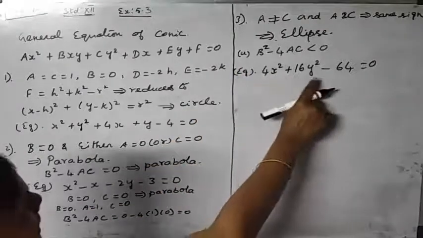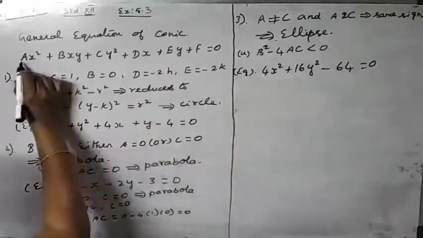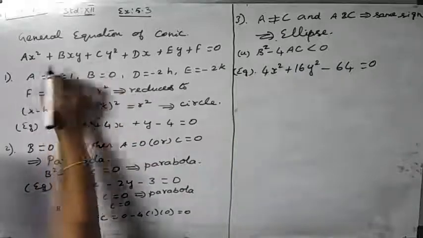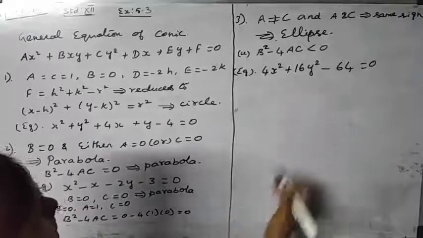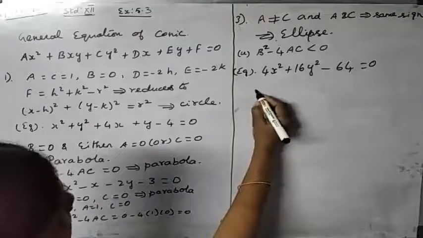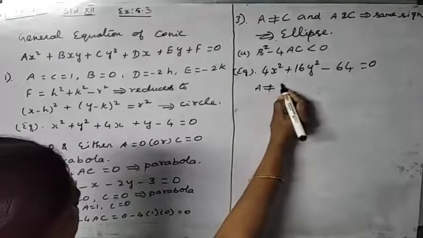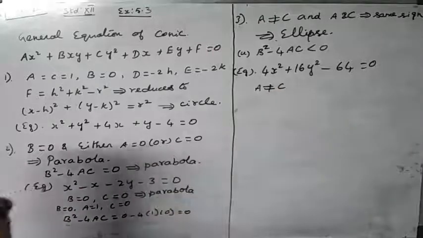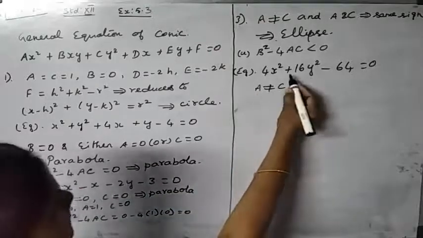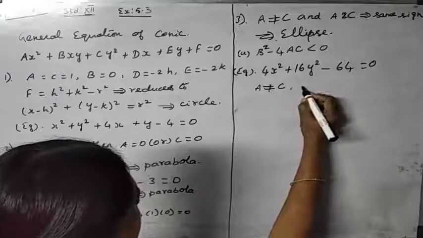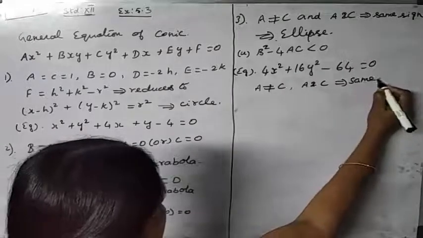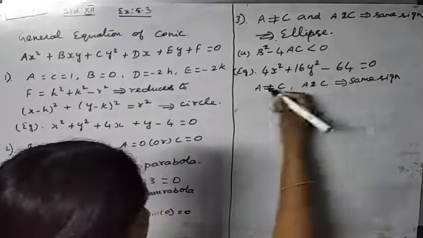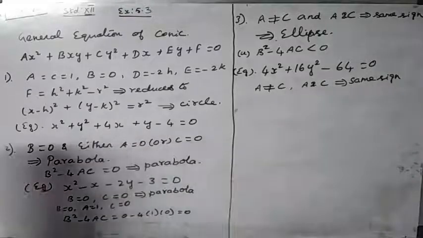So ax square and y square terms are a and c. Look at the coefficients, they are different, they are not equal. So first condition applied. A is not equal to C. The coefficients are different. And A and C are of same sign. A and C same sign. Plus plus nu irukku. So இத பார்த்த உடனே you can write it is an ellipse.